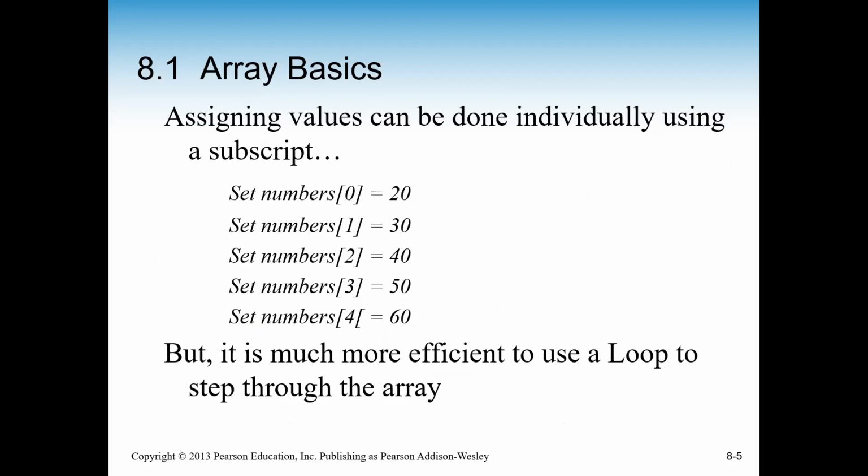However, as we will see, you won't always do that, because you want to make code that's dynamic, that is automated. So you will usually use a for loop to iterate through the array. And that's one of the things that we will explore a little bit more of. That's what's going to make this interesting, it's much more efficient to use a loop to step through the array.